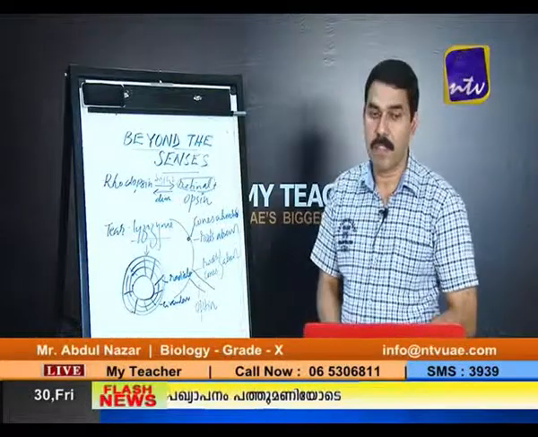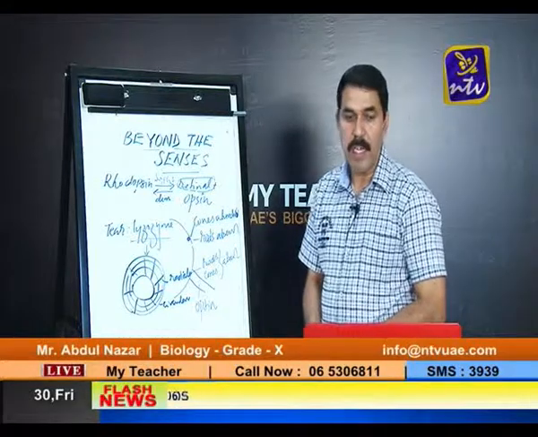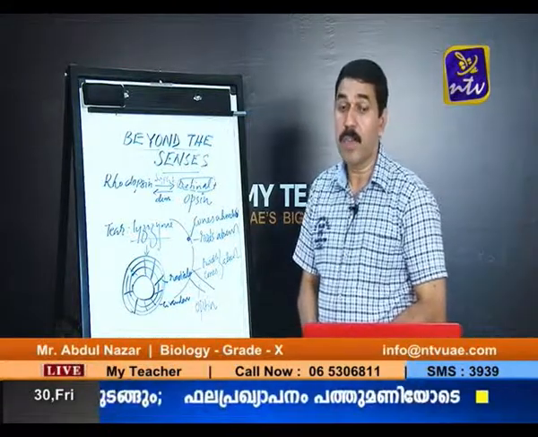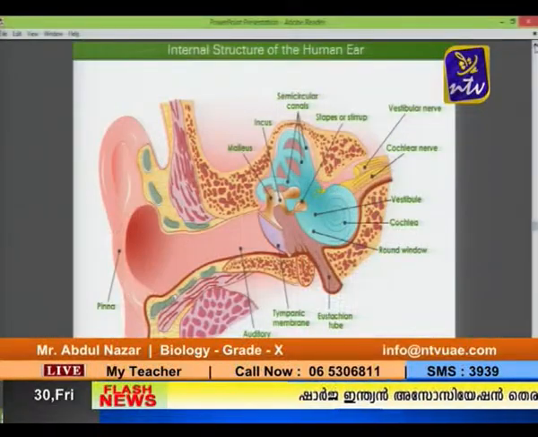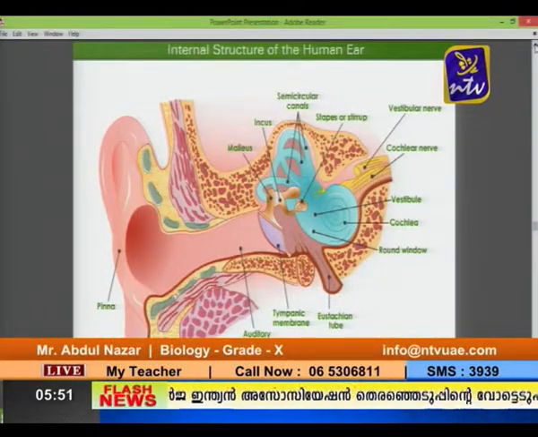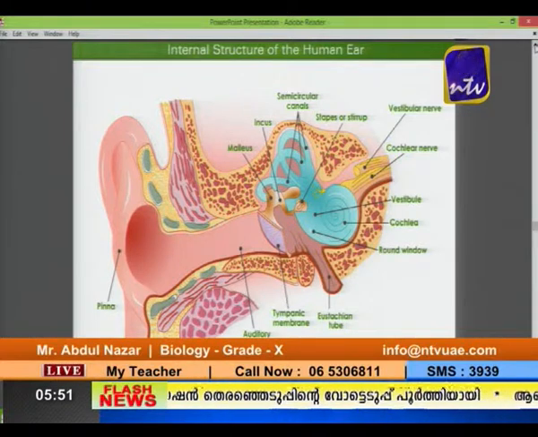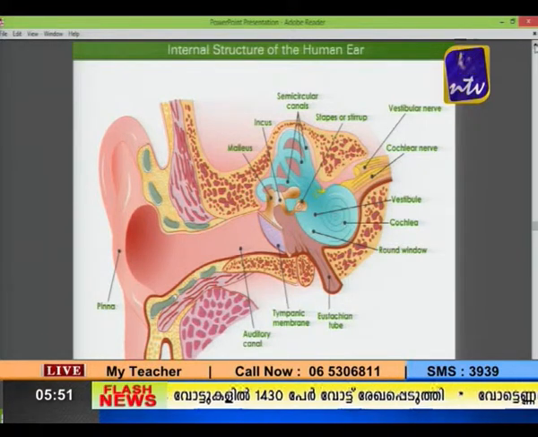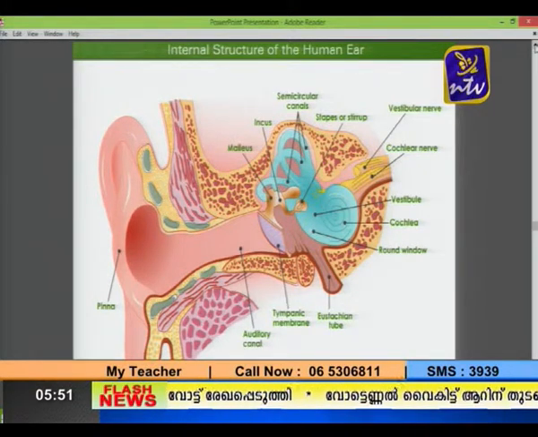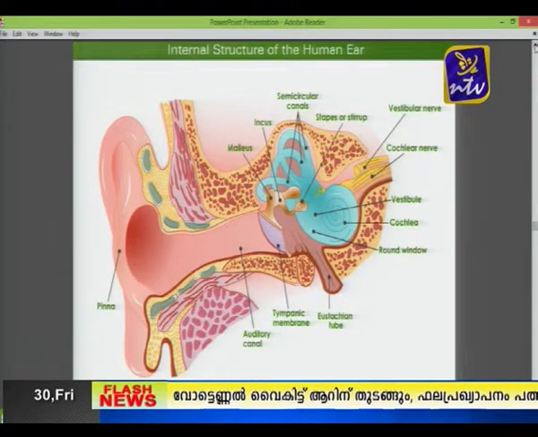You can see on the screen, the ear can be divided into three parts: outer ear, middle ear, and inner ear. The outer ear consists of a funnel-like structure called the pinna. The role of the pinna is to collect sound waves.